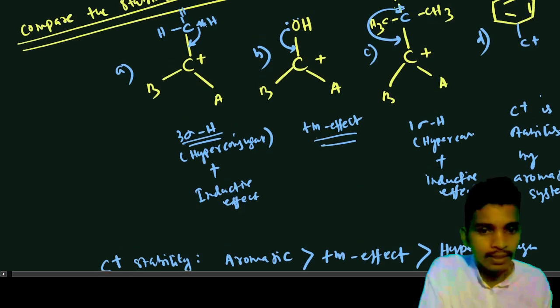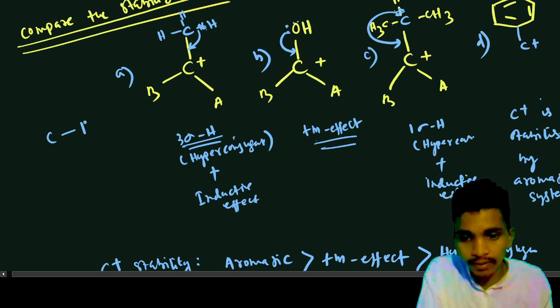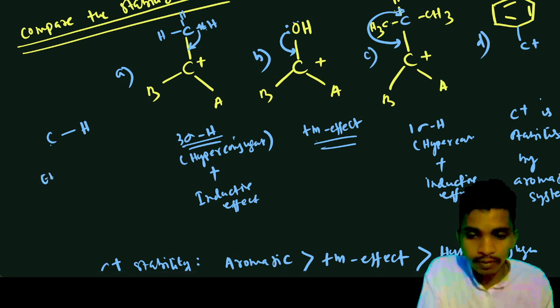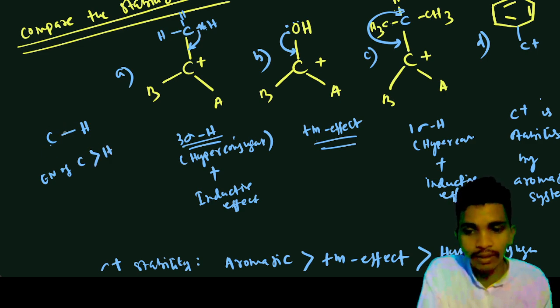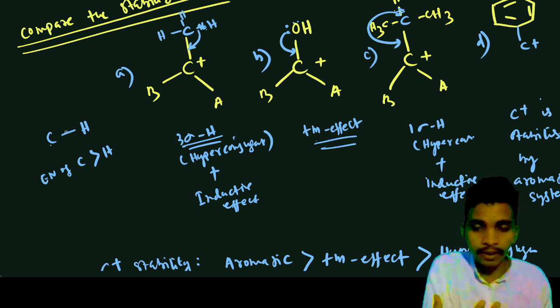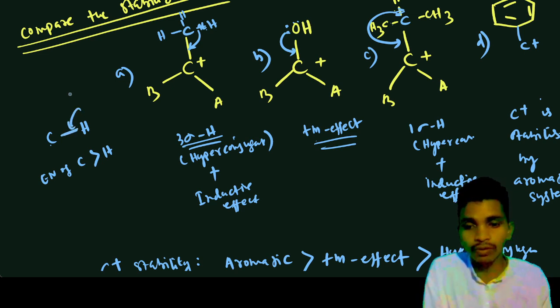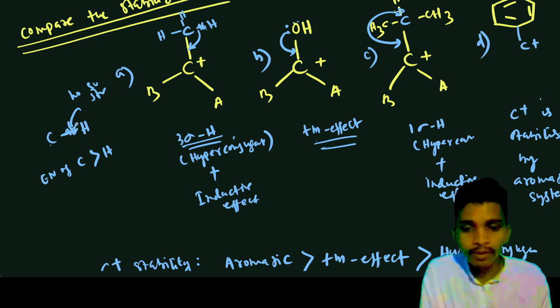Why do I say that? Because you see the C-H atoms, because the electronegativity of carbon is more than hydrogen, the electrons are less strongly bonded, so this can easily donate. This bond is not so strong, so they can easily donate the bonded electrons.